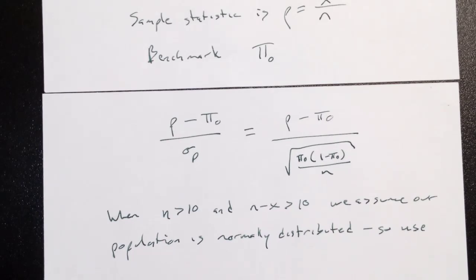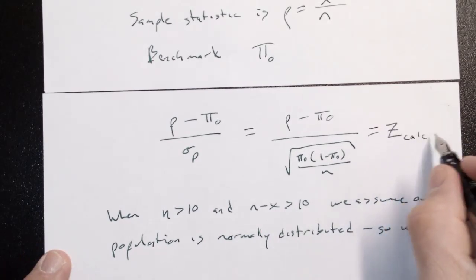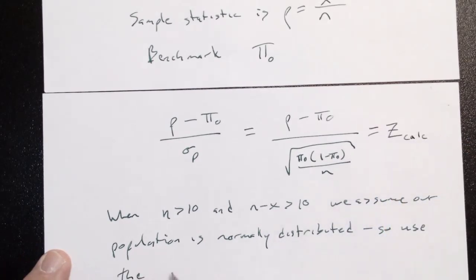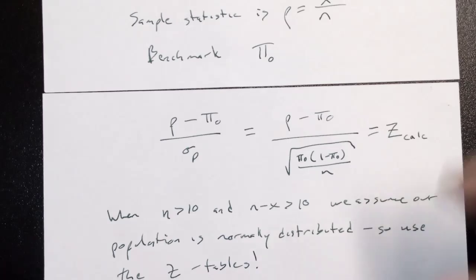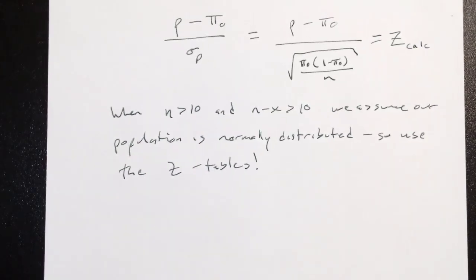Which means this value that I computed up there, that I didn't give a name to yet, this is a calculated Z value. And that means that my critical values are Z critical values rather than T critical values.